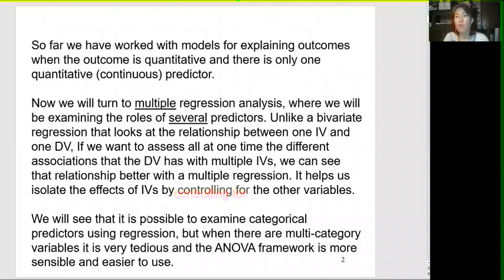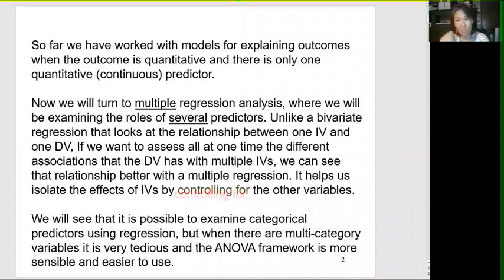Actually, this ANOVA framework is totally different from what you've seen in the multiple regression SPSS output. When you run the simple regression or multiple regression, you see the ANOVA table, right? That table is for model summary and the overall model test. That is not actually an ANOVA test.